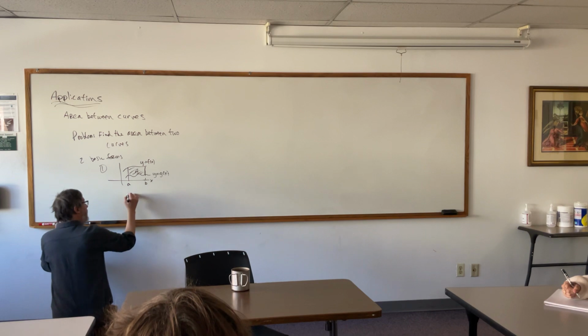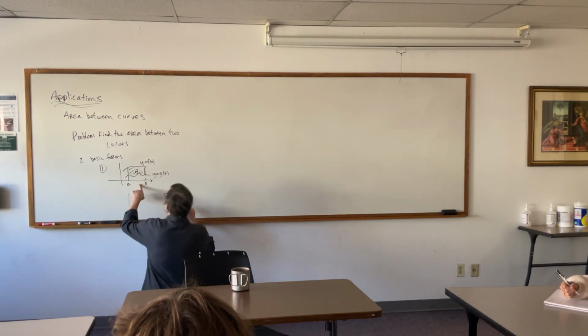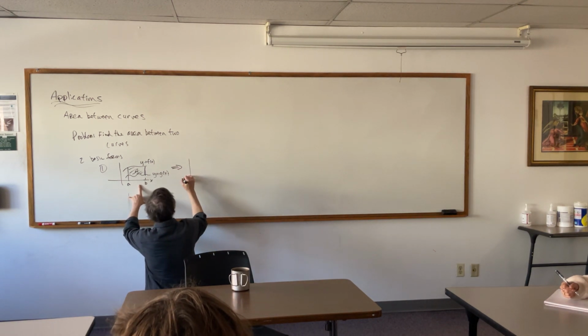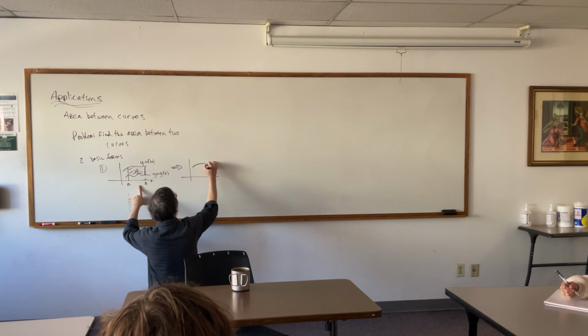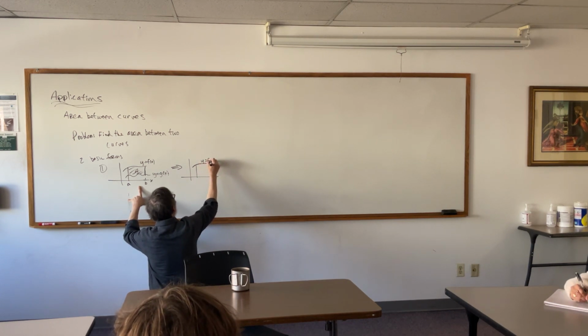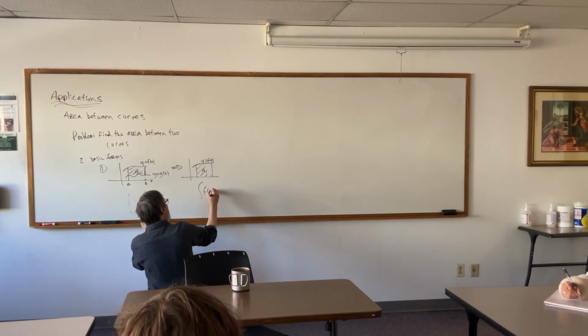Well, let's think about some things we already know. This area right here is going to be the difference of 2 areas. First off, it's going to equal the area under f all the way down to the x-axis. If I just take y equals f of x, let's call that A1. That's just the integral of f of x dx.